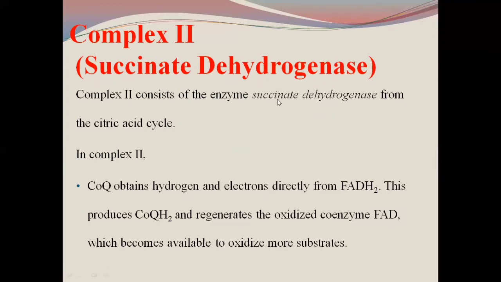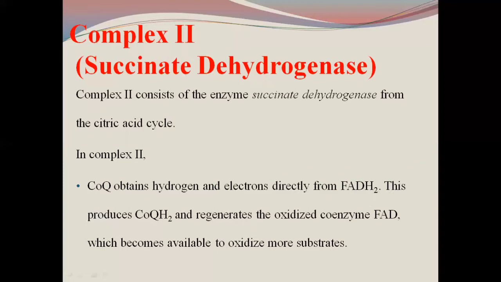FAD, when succinate is converted to fumarate, as a result FAD will get reduced into FADH2, right? Then FADH2 will transfer its electrons to the iron sulfur centers present in complex 2, and finally these electrons will be taken up by coenzyme Q. That's a carrier that will carry the electrons from complex 2 and take them to complex 3.